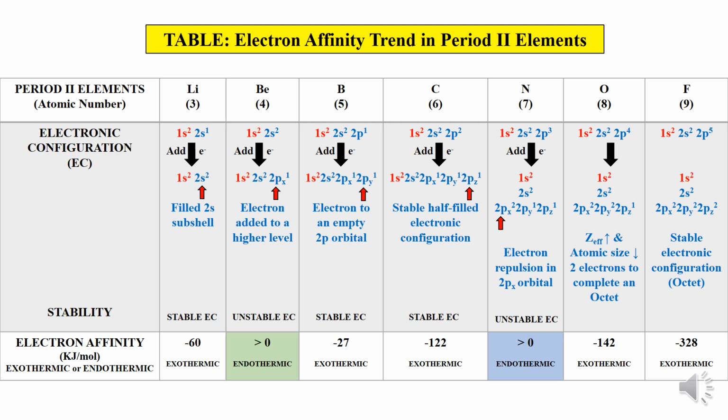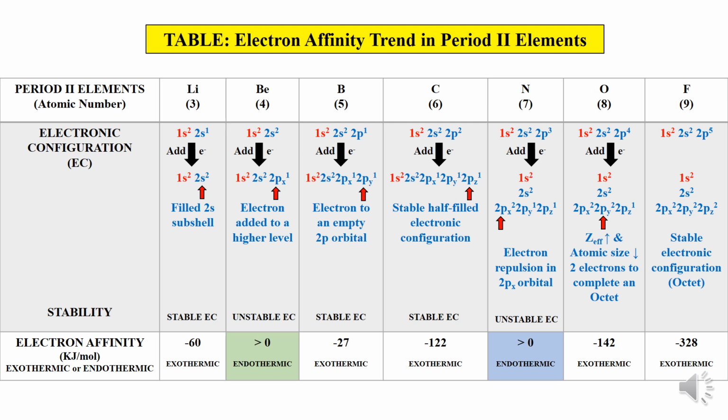Oxygen, 1s2 2s2 2p4. After adding an electron, where does the electron go? It goes to the 2py orbital. Though there is electron-electron repulsion, there are two pairings. You can see there is pairing in the 2px orbital and there is pairing in the 2py orbital. Though there is repulsion in the two orbitals, the effective nuclear charge increases.